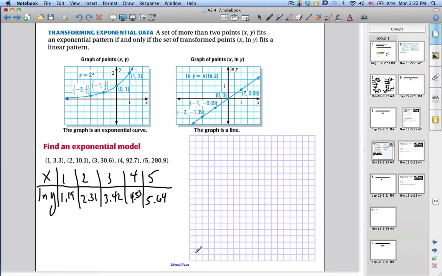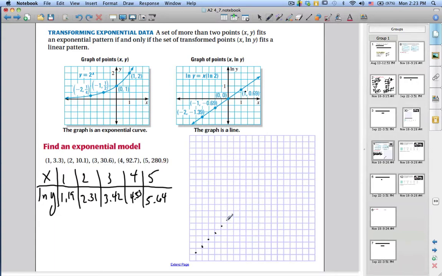So if I start to graph this, at 1 we're at 1.19, at 2 we're at 2.31, about there. At 3 we're at 3.42. At 4 we're at 4.53. So you can see we're pretty much finding a linear model here.